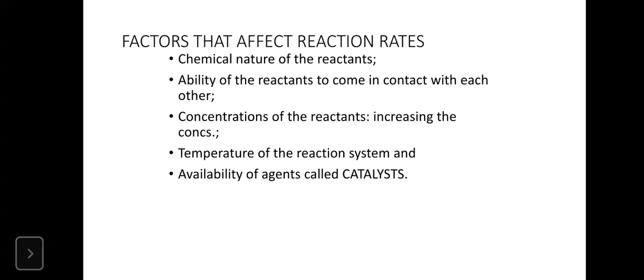The ability of the reactants to come together in contact with each other is very important. They need to come together to react to form products. If they can't come together, you will not get product. Concentration of the reactants: if you increase the concentration, you will be able to form more, and if everything goes well, you can produce more of the product.